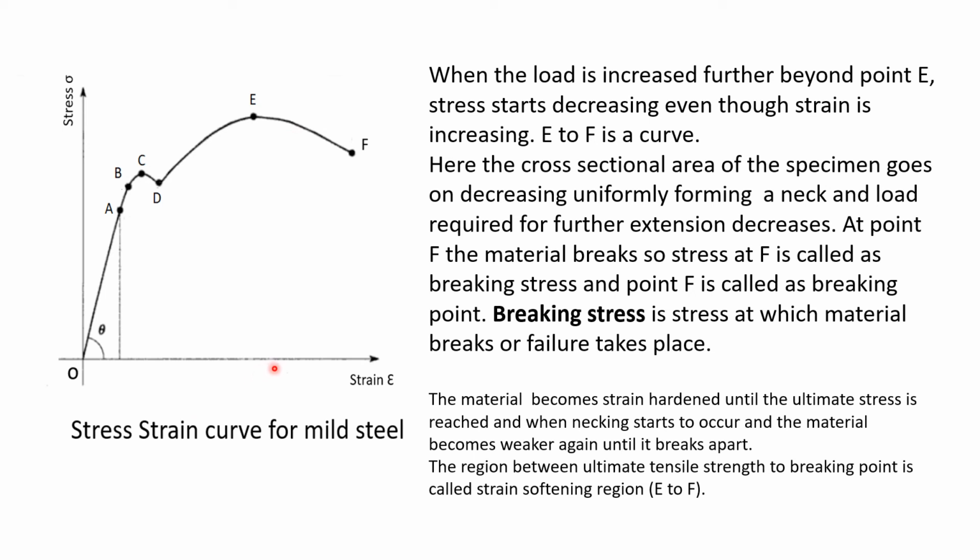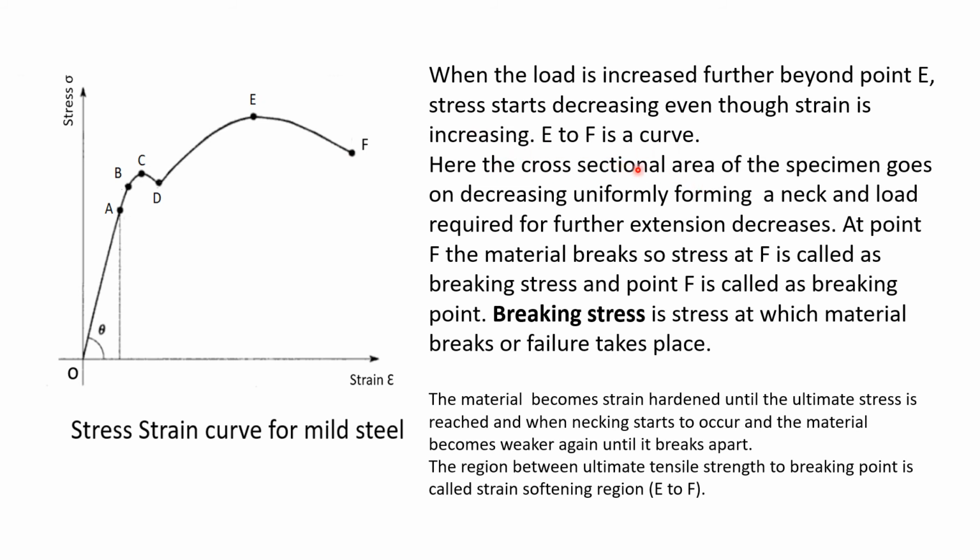Our x-axis is strain and y-axis is stress. So you can see that from point E it is coming down. The stress is coming down and strain is increasing. E to F is again a curve.